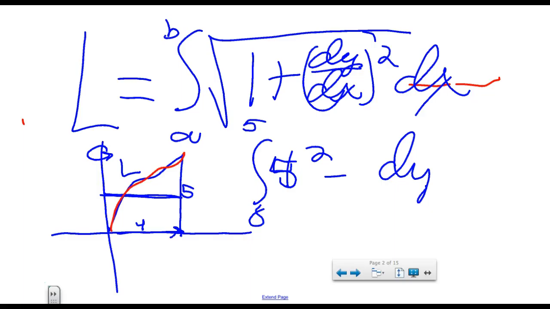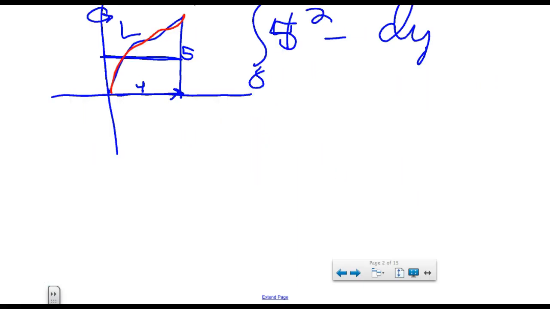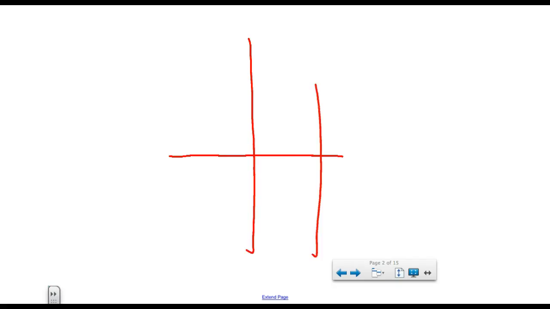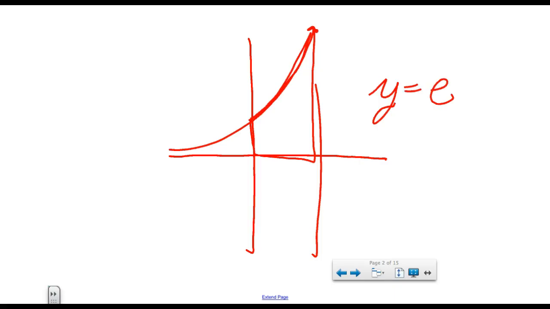X. Sometimes one of the functions, we had one in Calc 1 the other day that was a dy one, and theirs was, I think, e to the 2x, and they were only dealing with this part of it. If you had y equals e to the 2x, what's x? ln y, right?